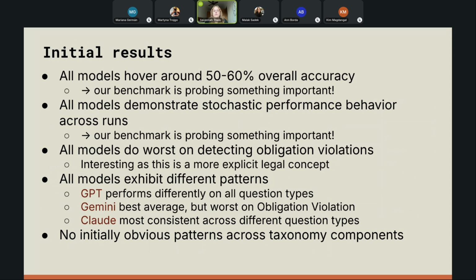Additionally, all models demonstrate stochastic performance behavior across runs, which is also a useful signal for us from the AI research side, because that means that our benchmark is probing sort of a real knowledge base in the model, rather than something that it's seen on the internet a bunch and memorized answers for.